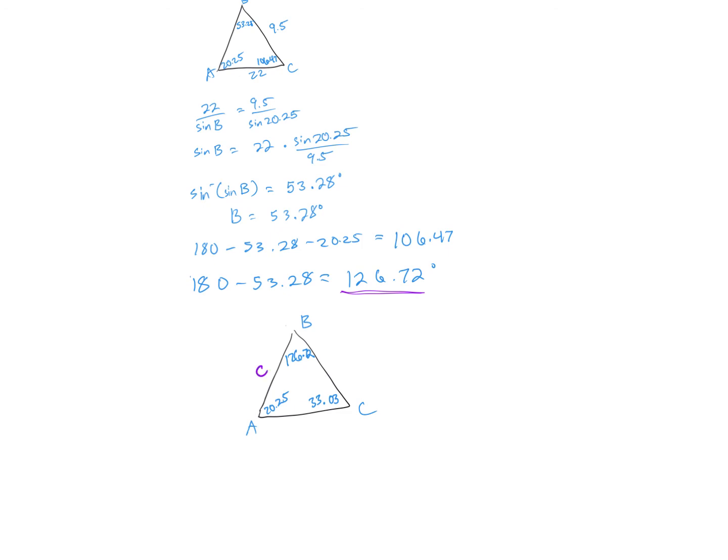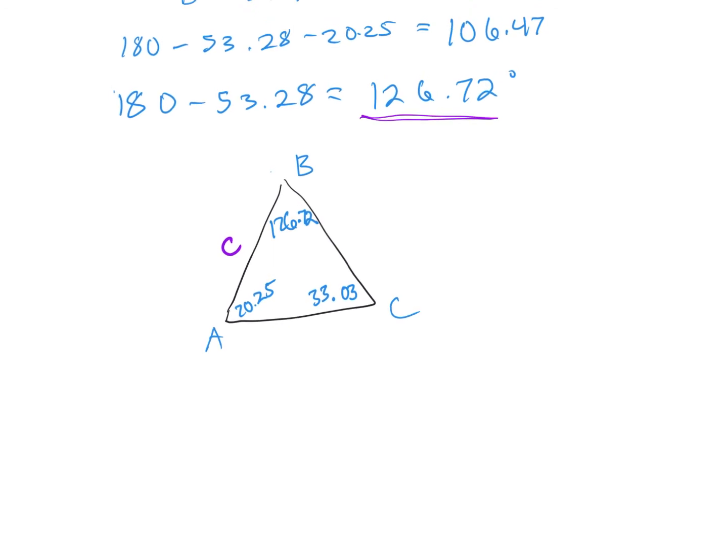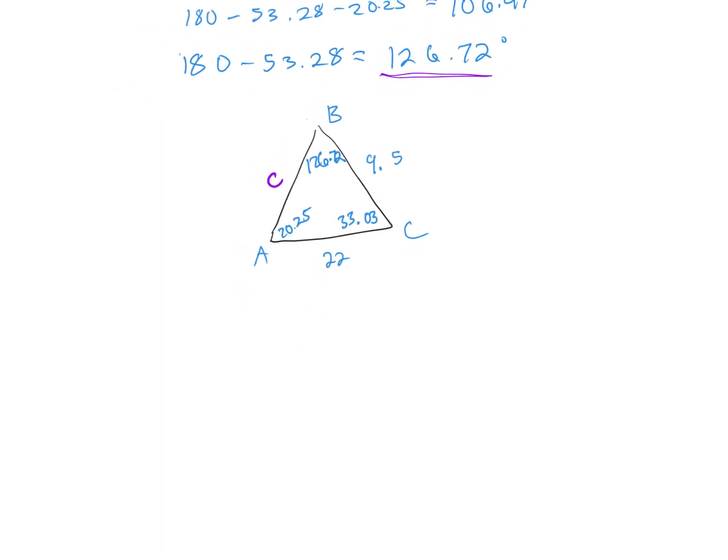I have the exact same value, so now I want to find what the third side, C, needs to be. To do that, I've already been given A and B. B is for sure 22 and A is 9.5. Those are our givens. So I can say 22 over sine of 126.72 must equal C over the sine of 33.03.